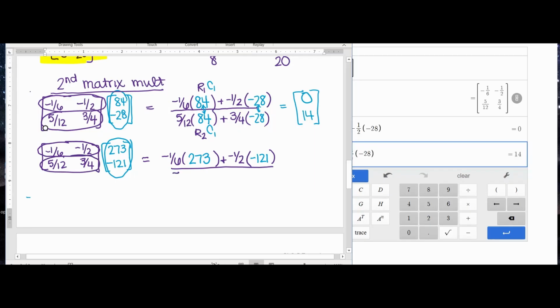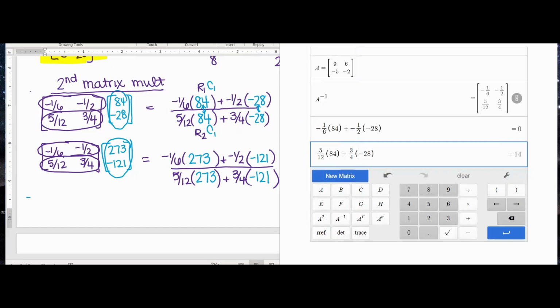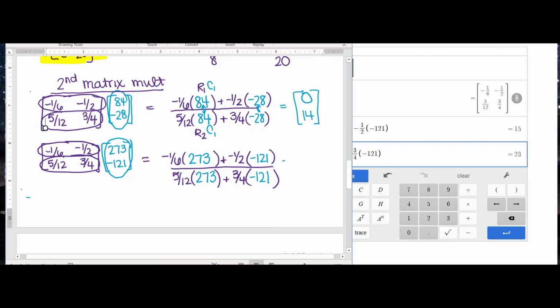Row 2 times column 1 gets us 5/12 times 273 plus 3/4 times negative 121. So let's go back. We're going to take that negative 1/6 times 273 plus the negative 1/2 times negative 121, the 5/12 times 273, and 3/4 times negative 121, which means we get 15 and 23.